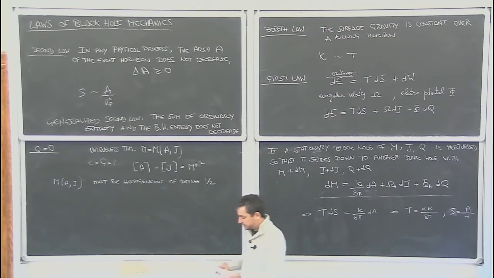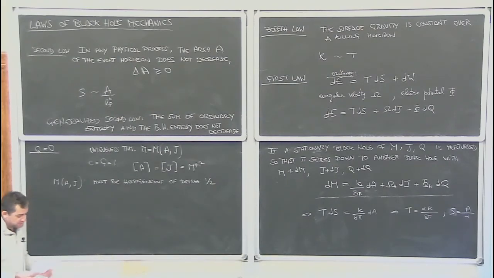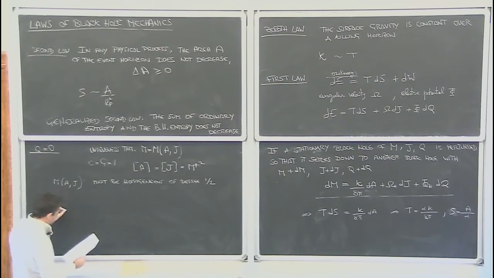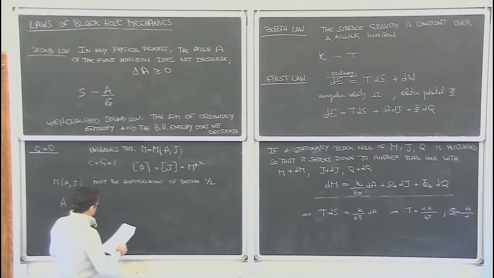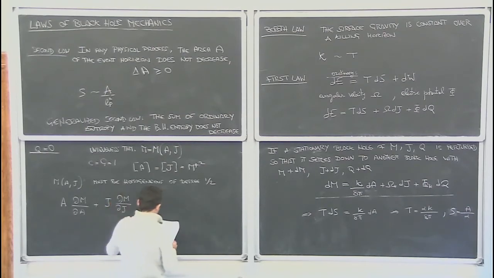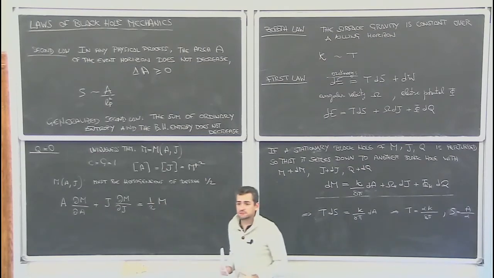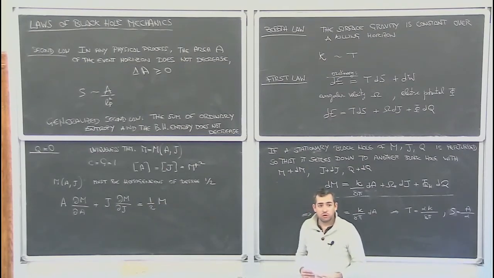So using this, we can now use Euler's theorem for homogeneous functions to say that the area times the derivative of the mass with respect to the area plus the angular momentum times the derivative of the mass with respect to J is 1/2 M. So this is Euler's theorem for homogeneous functions.